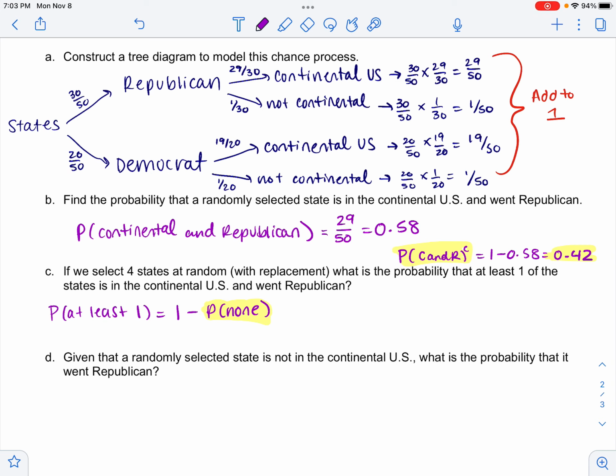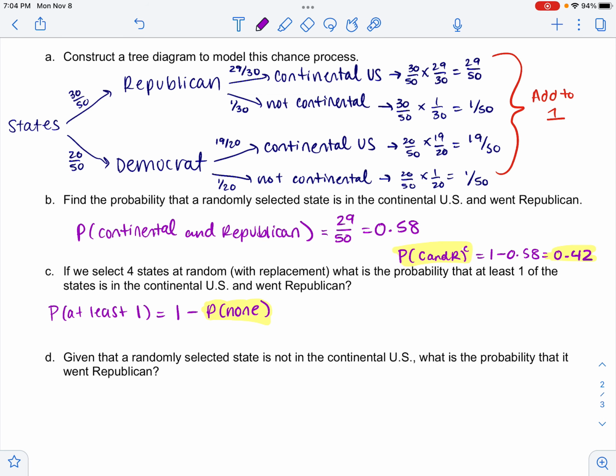Because remember, to find the probability of this and this, I just multiply them together. So if I want the probability that state 1 is not continental and Republican, and state 2 is not, and state 3 is not, and state 4 is not, then I multiply their probabilities together, which is the same number times itself 4 times.